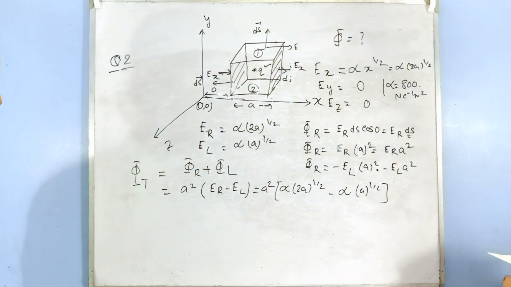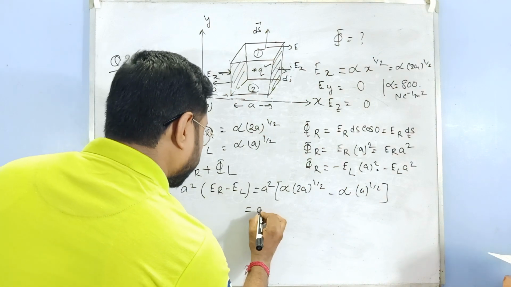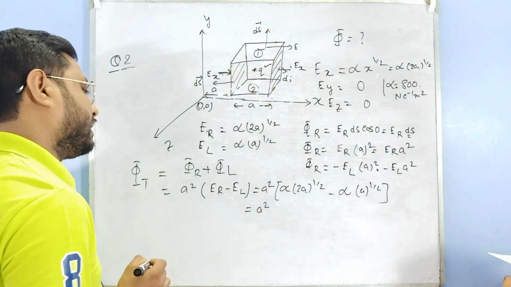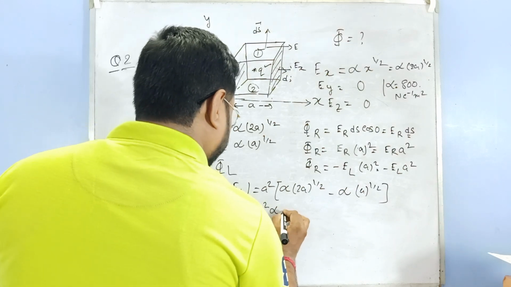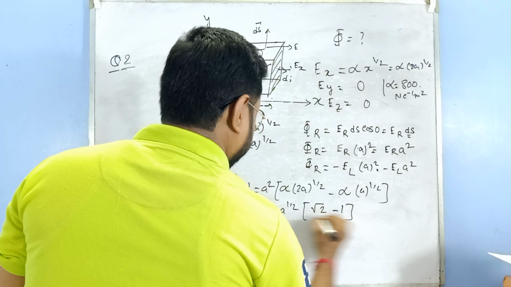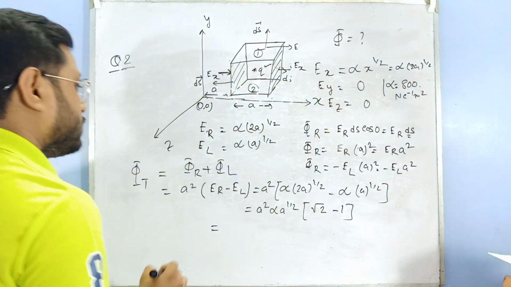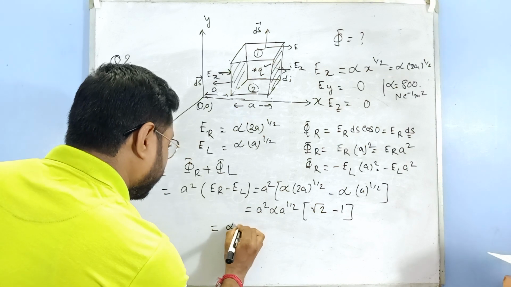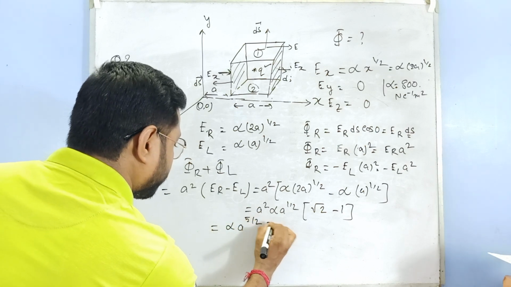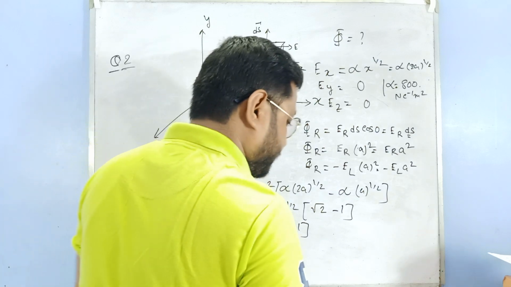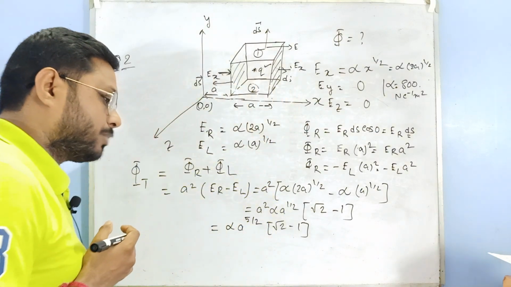Okay, so a square times a to the power half coming from the bracket, alpha a to the power half, so alpha a to the power 5 by 2 into root 2 minus 1.